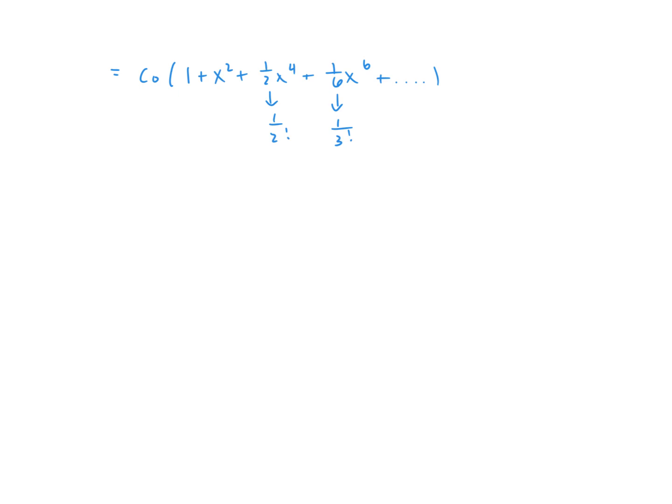And if you remember, we had a 1 over 24, which is 1 over 4 factorial. So then this is c0 times the power series, which we know is the power series from n equals 0 to infinity of x to the 2n over n factorial. This is our general solution.